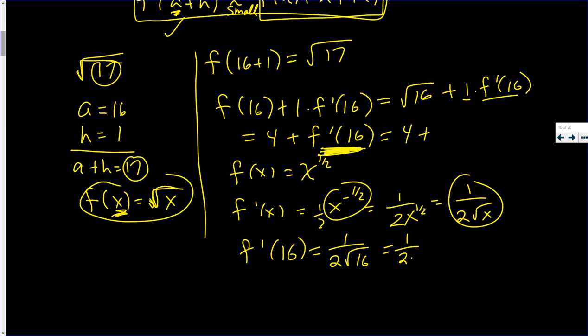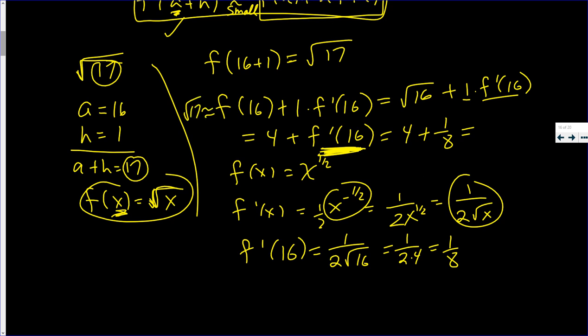So I am approximating the square root of 17 as 4 plus 1/8. Now, 1/8 happens to be 0.125 exactly.